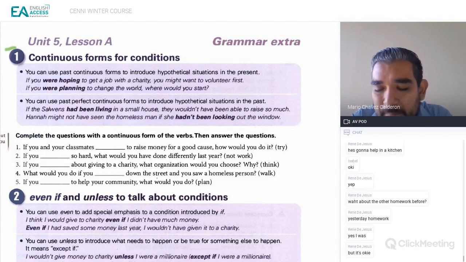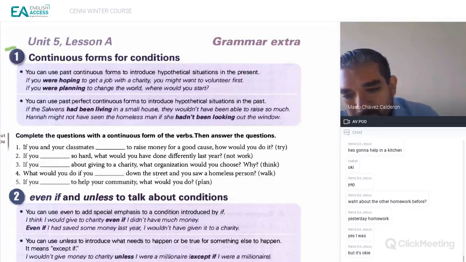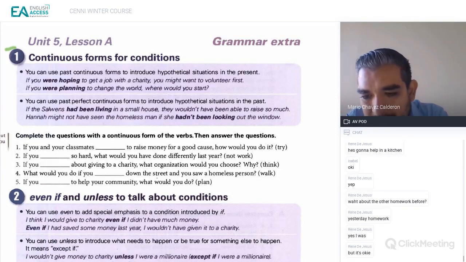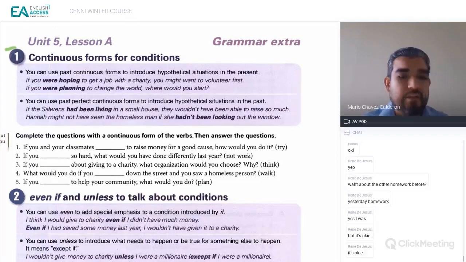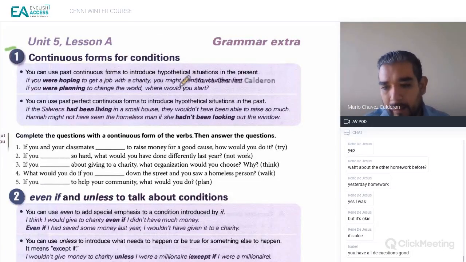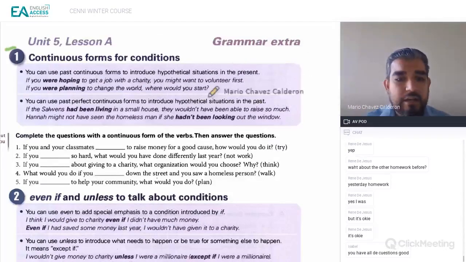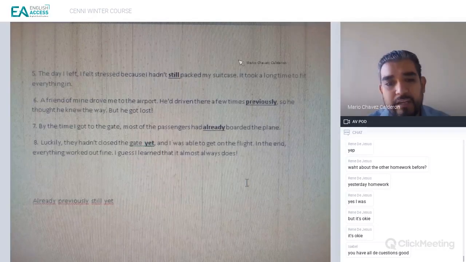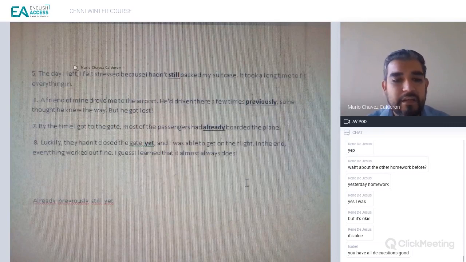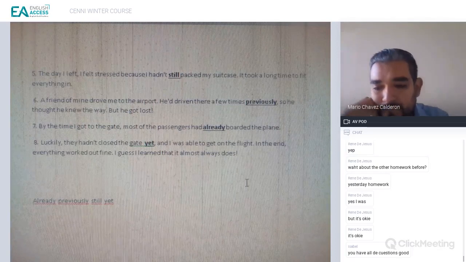I don't understand. You refer to this homework, no? Yeah, you had all questions correct. We checked this homework today at the beginning of the class. Everything was correct.